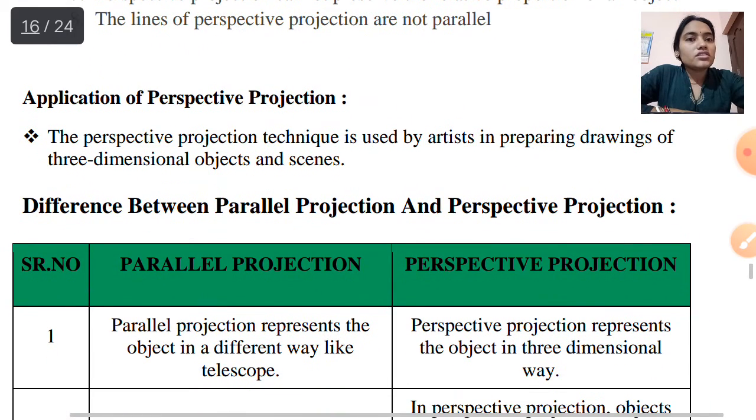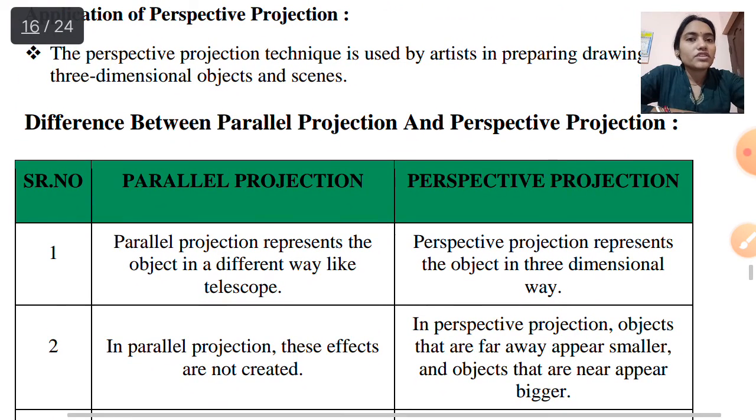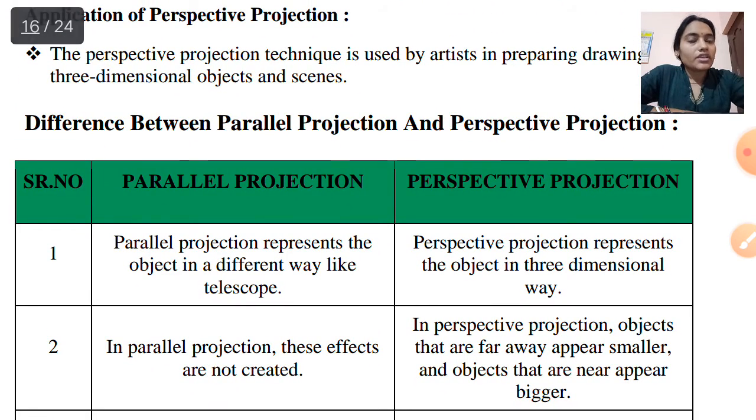So let us discuss the difference between parallel projection and perspective projection. In parallel projection, it represents the object in a different way, like a telescope. But in perspective projection, it represents the object in a three-dimensional way.